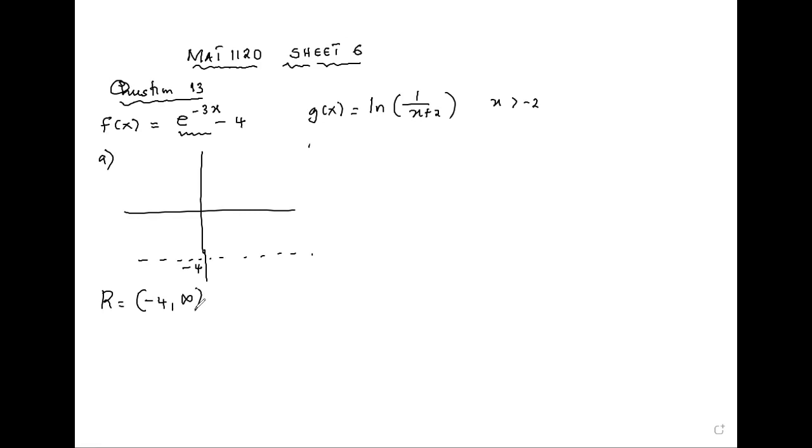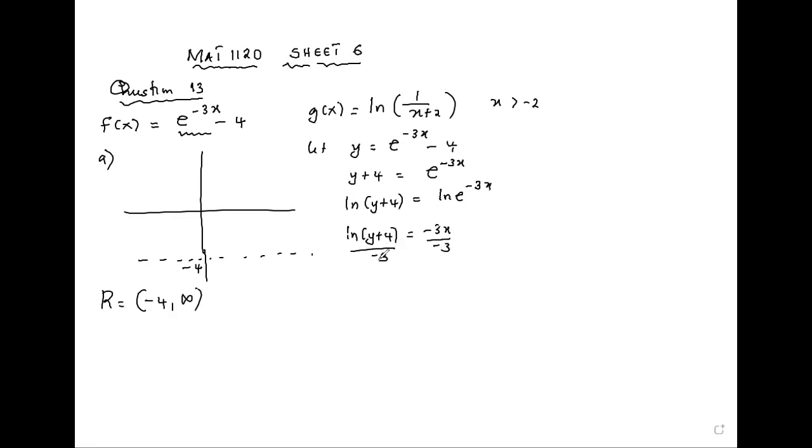So you would say, let y be equal to e to the power negative 3x minus 4, and then solve for x. So you take the 4 to the other side and get e to the power negative 3x. Then apply ln this side and apply ln the other side, so that the exponent can come out and become negative 3x, and divide by negative 3.